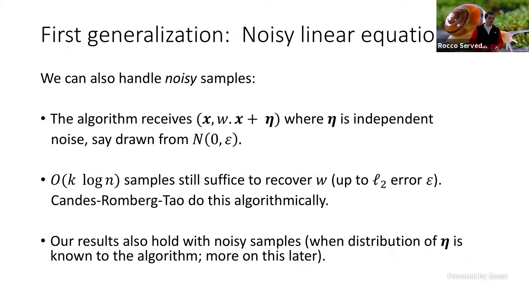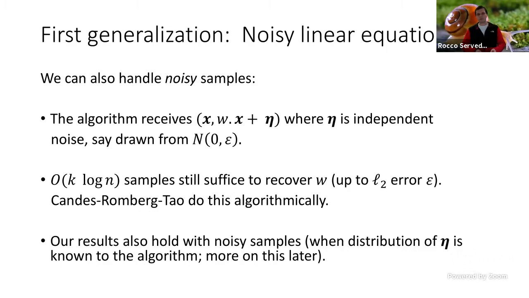Okay, so this was a very special case that I told you about. I want to now describe some of the more general results, which are actually the main substance of what we do. One generalization, the first one I'll explain, is that we can actually deal with noise in the data. So the noisy setting, let's say for now that the noise distribution is independent Gaussian noise. This is actually going to turn out to not be very important. We'll see that we can handle almost any noise distribution, although we have to know the noise distribution.